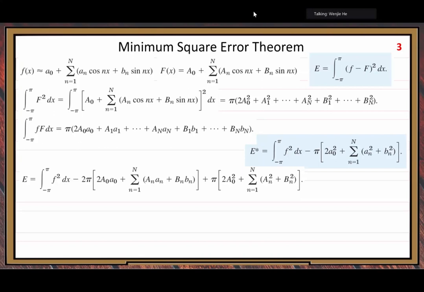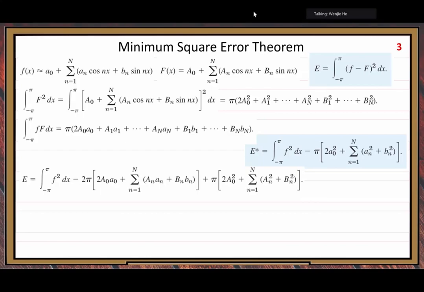And here we have a special trigonometric polynomial of degree N, that is the partial sum of the Fourier series.